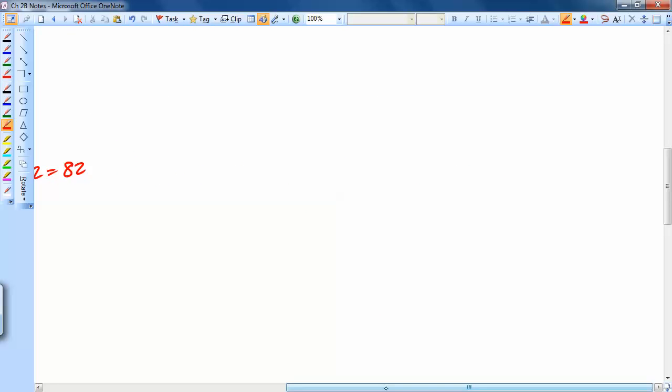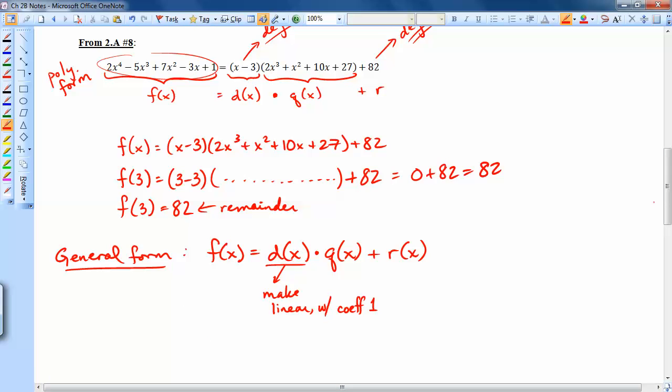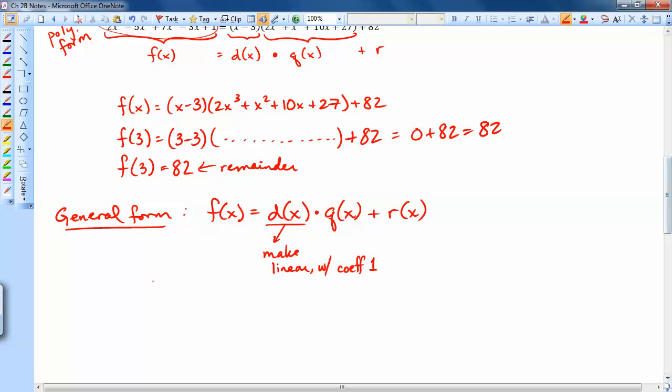Then that's going to mean f of x equals x minus something, and I'm going to call the something k here, times q of x. I don't need parentheses for that, so times q of x plus, and then since this one's linear, it's degree 1. So my remainder is going to be degree 0, which is a constant. So I'm just going to write r instead of r of x, because I don't need to deal with the x's anymore for r.